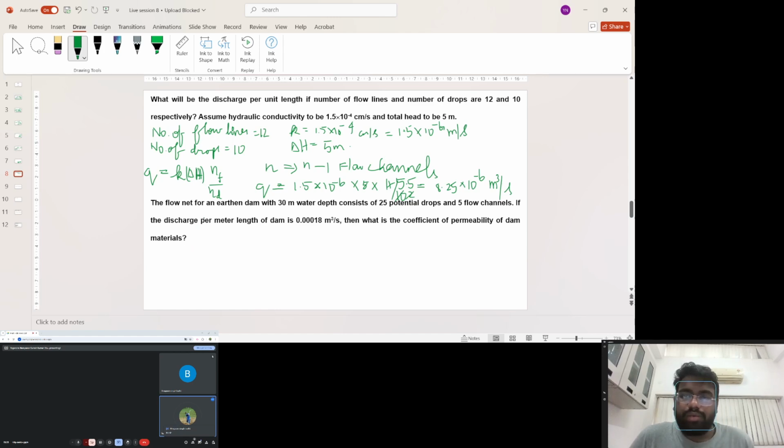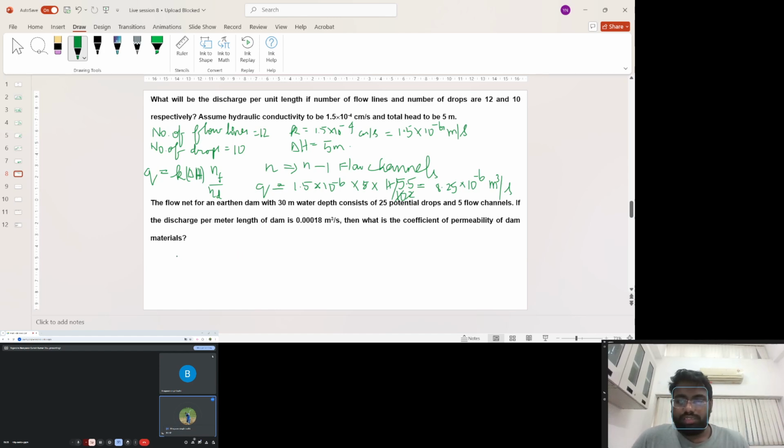So then, coming to the next question, the flow net for an earthen dam with 30-meter water depth consists of 25 potential drops, that is equipotential drops, and 5 flow channels. The discharge per meter length of the dam is 0.00018 meter cube per second. Then what is the coefficient of permeability of the dam material?